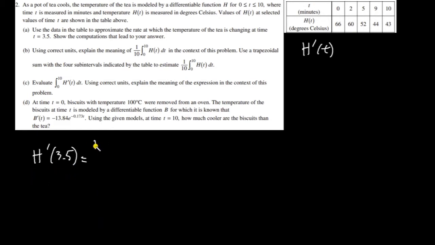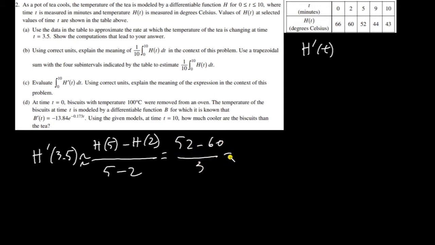Okay, so basically I'll say this is approximately equal to h of 5 minus h of 2 over 5 minus 2. And I'll make it clear that it's an approximation only, okay? So this is 52 minus 60 over 3, which is negative 8/3.